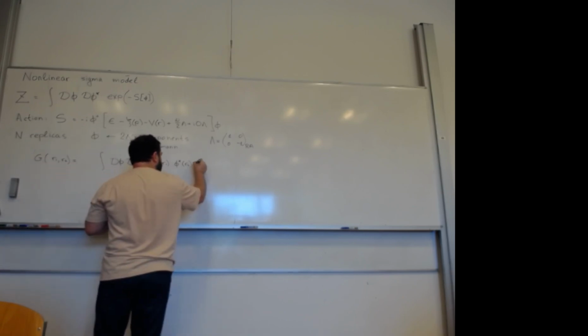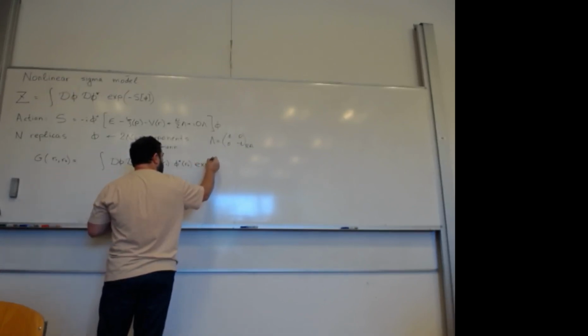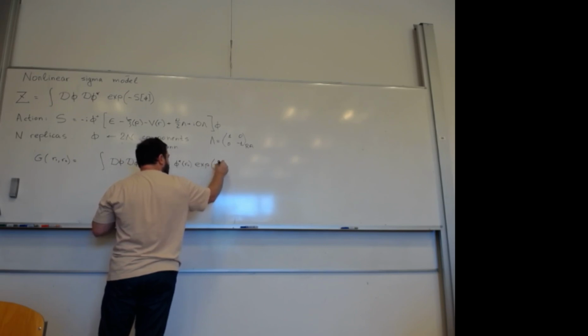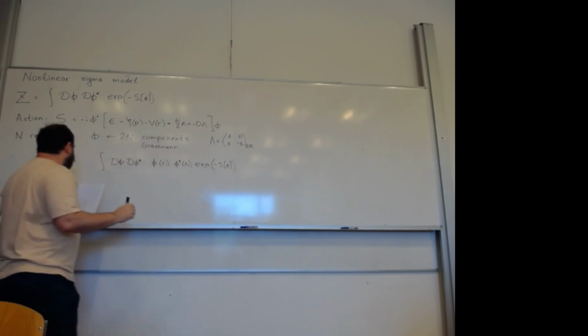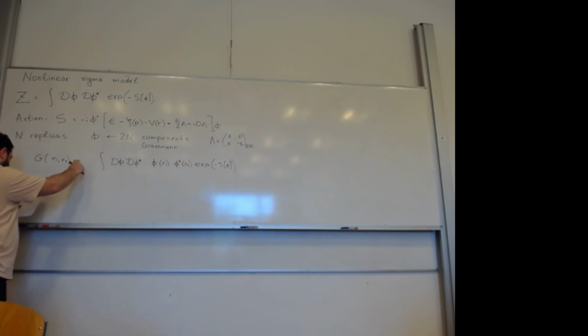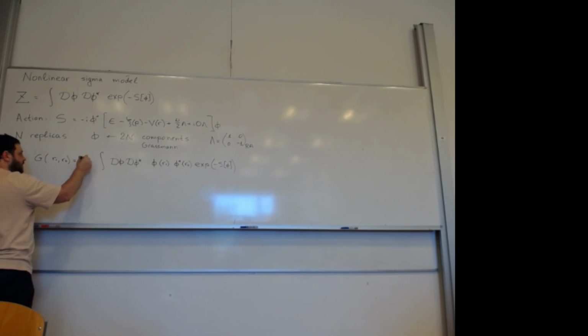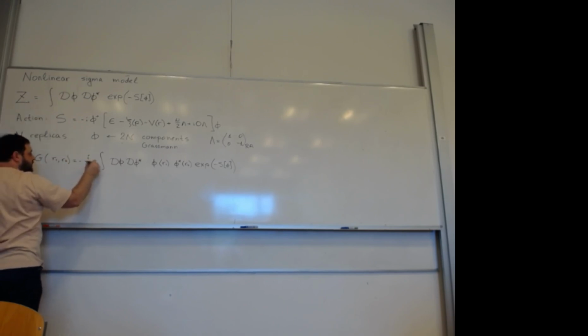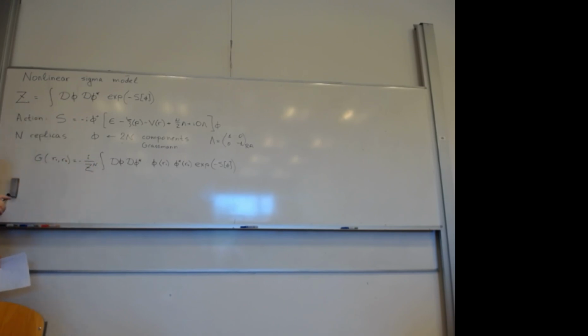And then there is an exponent of the same action, minus S. And there should be also a prefactor in front, and this prefactor is minus i divided by Z to the power N, the number of replicas.